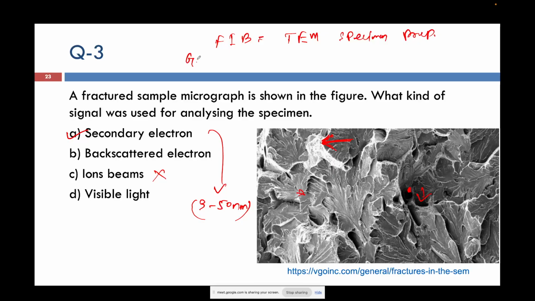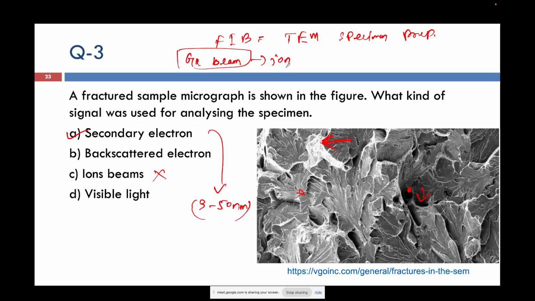There they use a gallium beam, gallium ion. Here ion will also give you an image, but you cannot keep your sample under ion for far too long. Otherwise it will immediately damage your sample after some time.